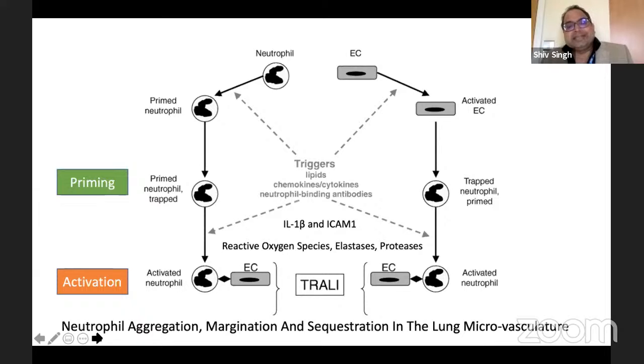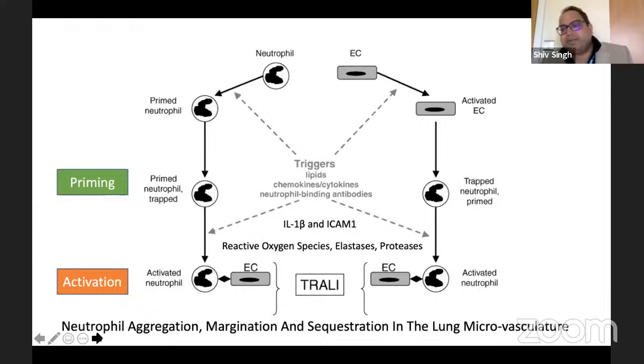They release reactive oxygen species, elastases, and proteases, and these cause the endothelium to leak. There is also interleukin 1 beta, and intercellular adhesion molecule 1, ICAM1, helps in adhesion and aggregation of the neutrophils to the endothelium. Elastase and proteases cause the leakiness. So these are all happening.